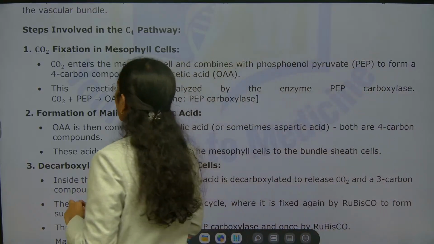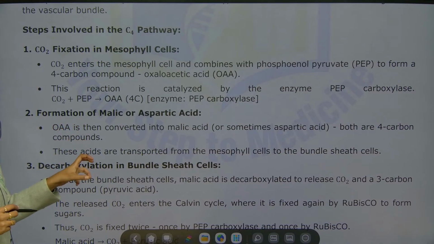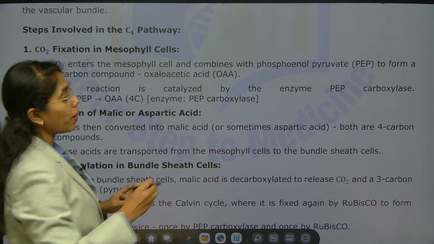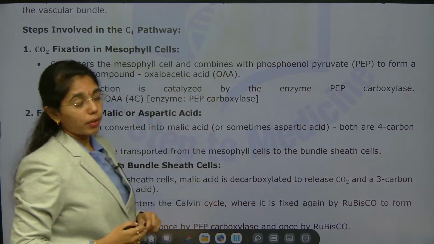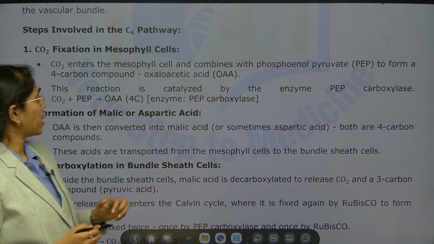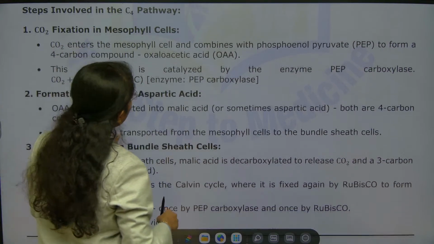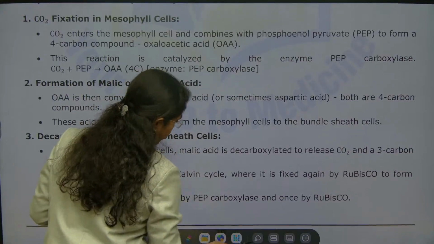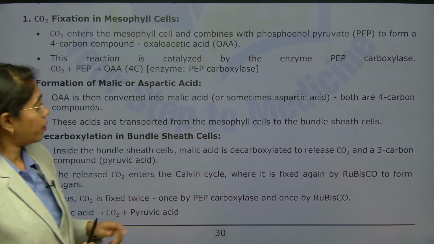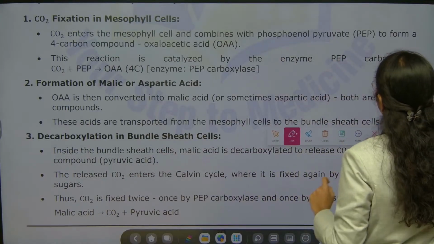First, carbon dioxide fixation in mesophyll cells, where carbon dioxide enters the mesophyll cell. This will combine with PEP, phosphoenol pyruvate, to form a 4 carbon compound, that is oxaloacetic acid. This reaction is catalyzed by what enzyme? PEP carboxylase. The first step is catalyzed by PEP carboxylase.